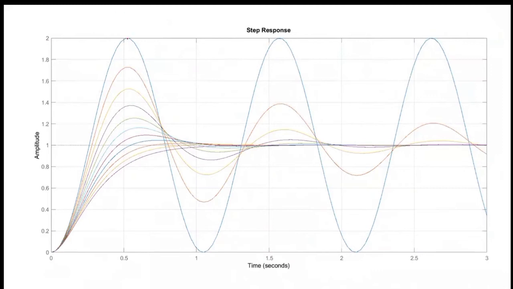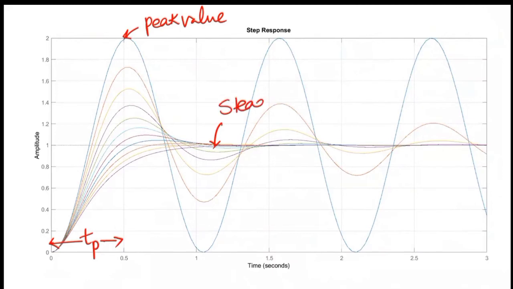This value is known as the peak value, and the time to reach the peak value is called the peak time. The response settles down at a value equal to 1 as t tends to infinity. This is known as the steady state value.